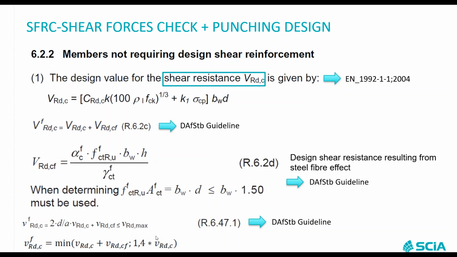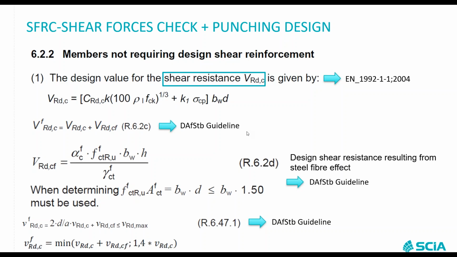So what I would like to say, in fact, the principle of doing the shear check or the punching design is exactly the same when you have a steel fiber concrete. Only we have to take into account the participation of the steel fiber in the formula. And the German guideline indicated like that. This is for the shear check and this is for the punching check.